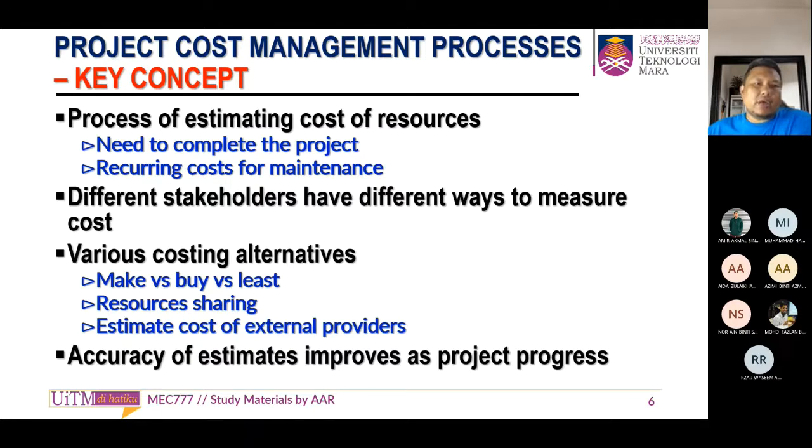For example, the cost needed to complete our project, and then the cost for maintenance. This is current practice. If you were involved with Malaysian government projects previously, they didn't bother much about the cost for maintenance. How about UTM, Fazlan? Does UTM now consider, for a new project, also including the cost for maintenance?